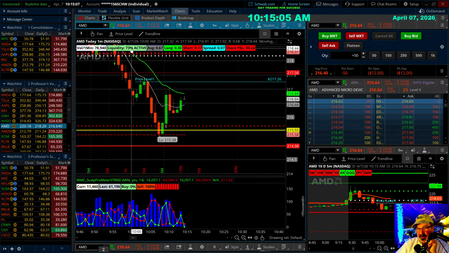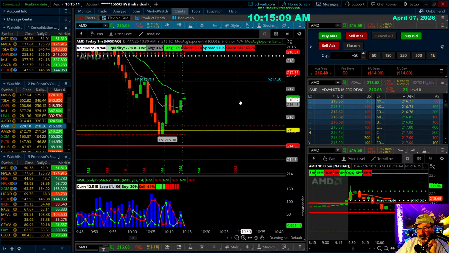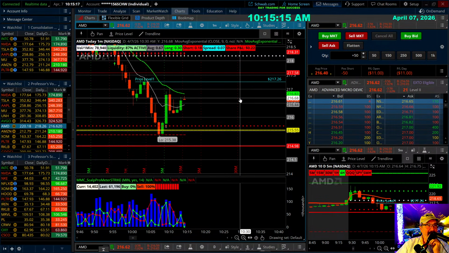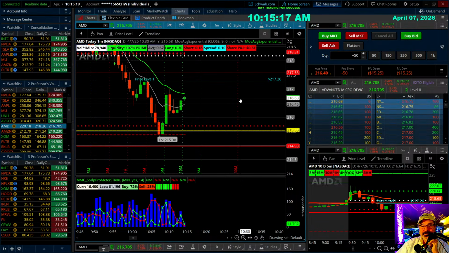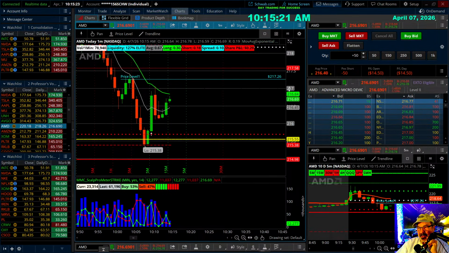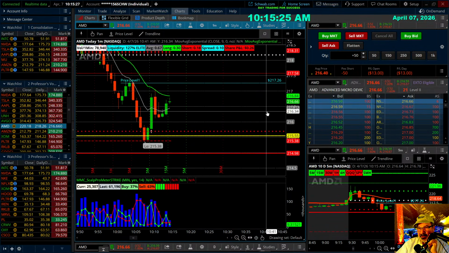Volatility's picking up a little bit here. You can see the liquidity is. We'll get a good trade here. Just got to wait it out a minute. I really want to add to it, but I want to wait till it's up here.